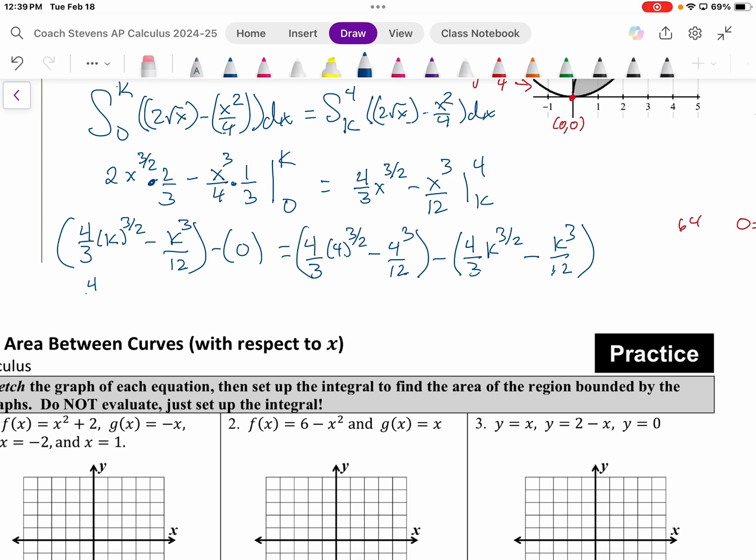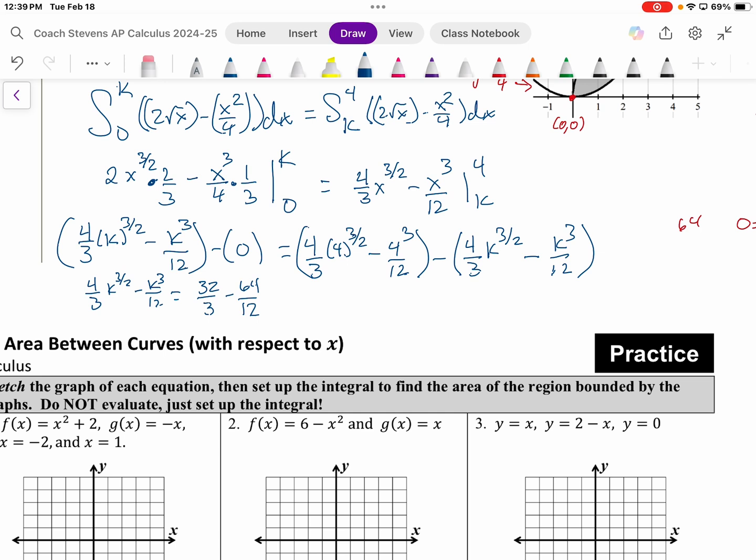So it's 4 thirds k to the 3 halves minus k to the 3rd over 12 equals, let's do some simplifying. The square root of 4 is 2. 2 cubed is 8. 8 times 4 is 32. So 32 thirds. 4 cubed is 64, so 64 twelfths. We can reduce that, and it would not be a bad idea. 64 twelfths reduces down to what?